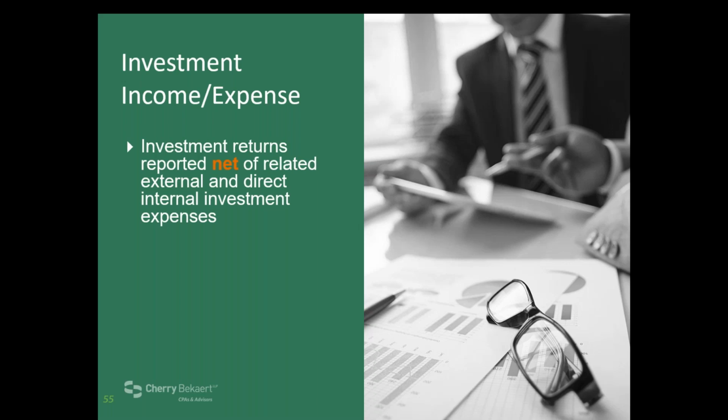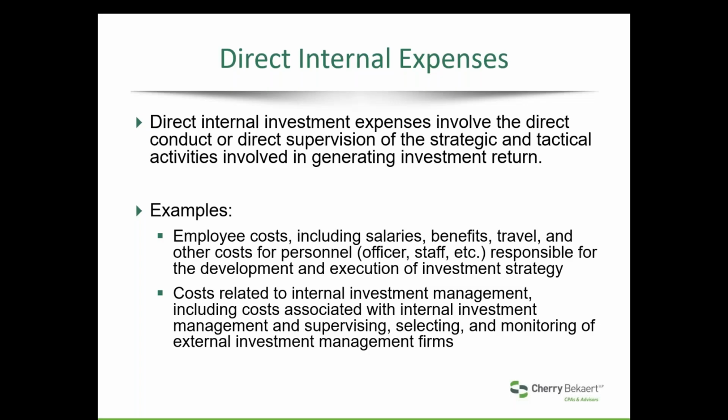I think external expenses are probably pretty straightforward and include things such as an investment manager, but I know that there are some questions on internal investment expenses. So what does that mean? Direct internal expenses are considered to be items that involve the direct conduct or direct supervision of the strategic and tactical activities involved in generating investment return. So the key is generating investment return.